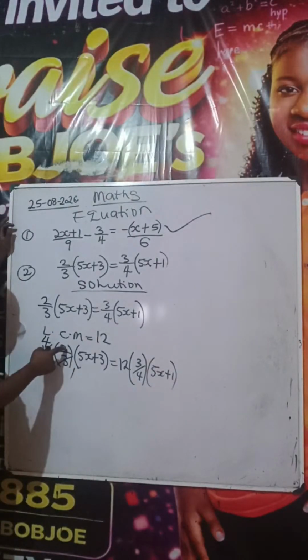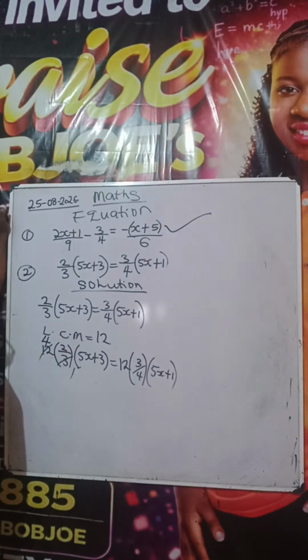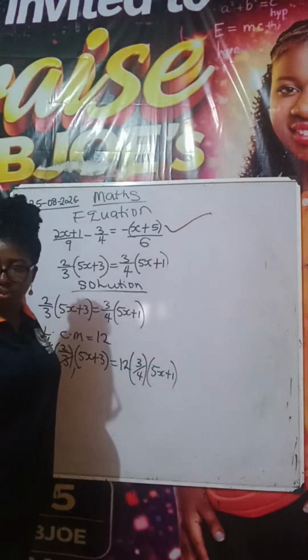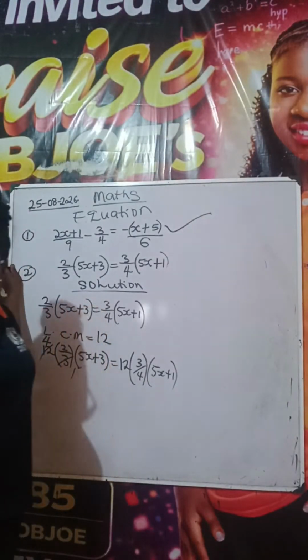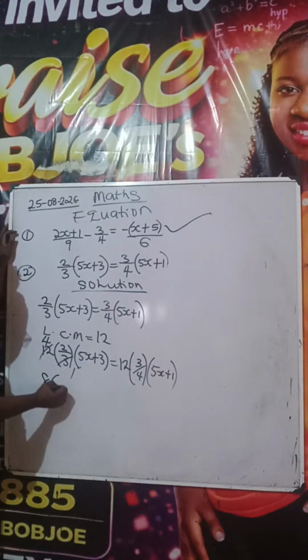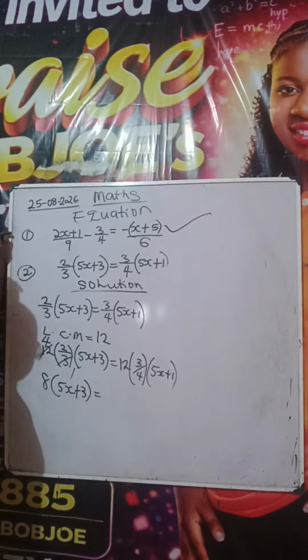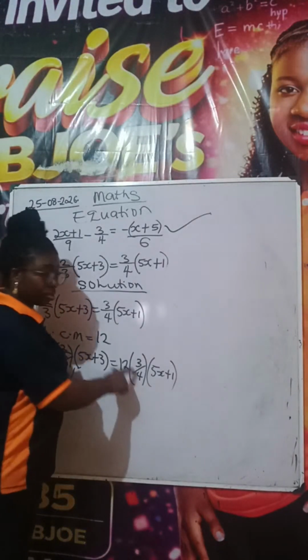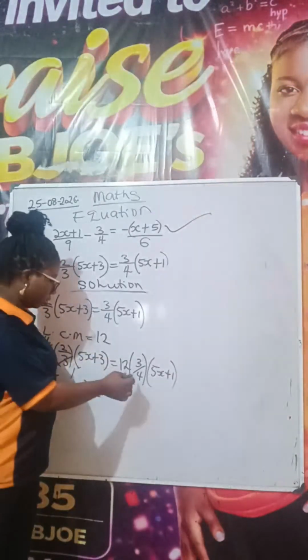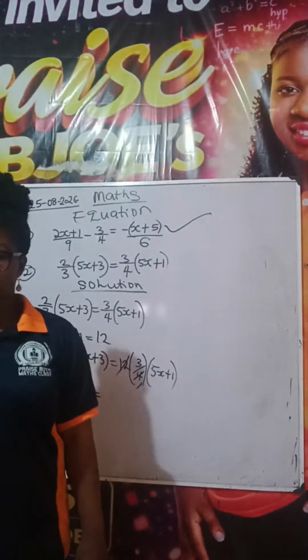Then 4 times 2. 4 times 2, what do we have? Multiply these 2 first outside. 8. So we have 8 multiplying 5x plus 3 equals to. Then I will use this 4 to divide this. So 4 here, 1. How many 4 in 12? 12 divide 4.